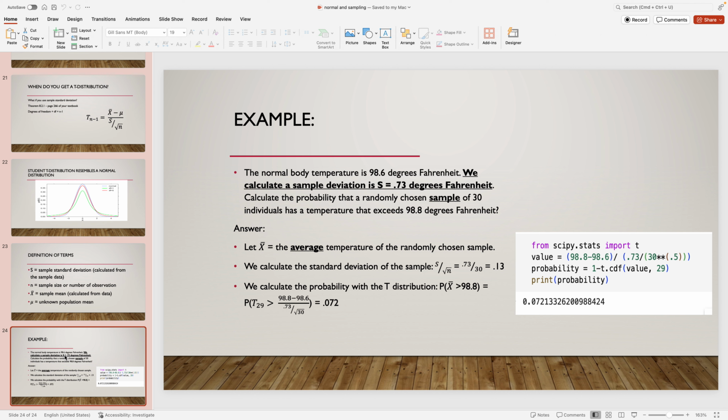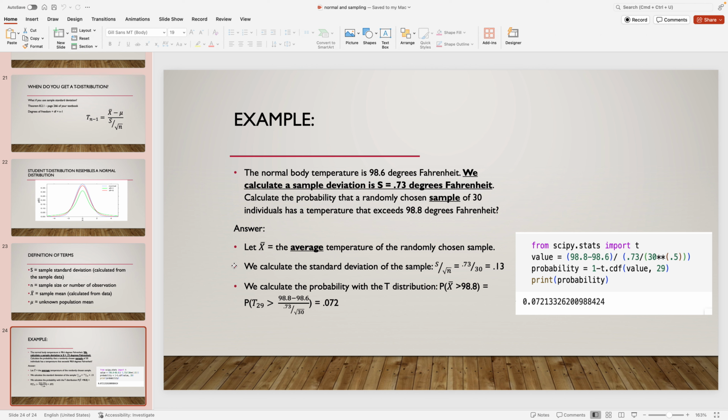But now, instead of being told that it's the population standard deviation that's 0.73 degrees Fahrenheit, we're told it's the sample standard deviation. Then we have to use a t-distribution. Here again, x is the average body temperature, and we want to calculate the probability that the average body temperature of 38 individuals exceeds 98.8 degrees Fahrenheit.